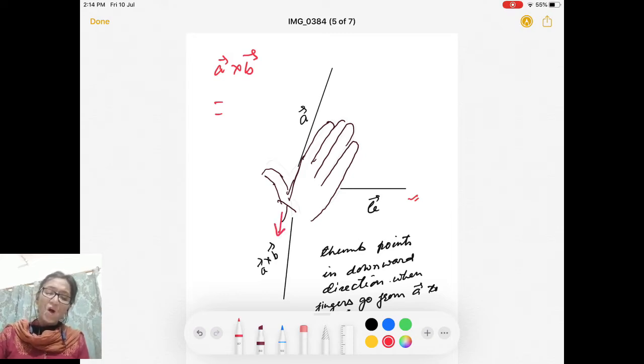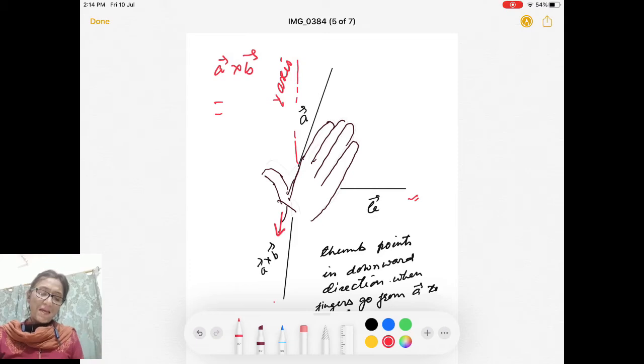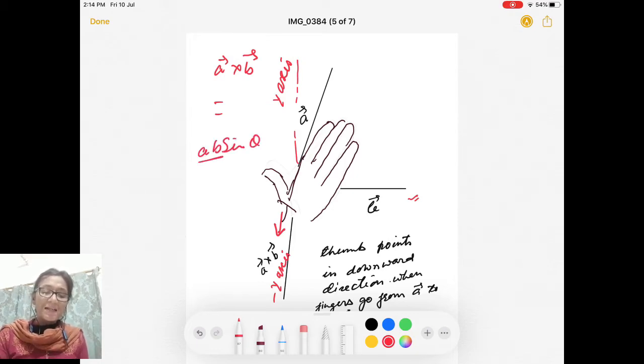When you rotate your fingers from A to B, the thumb remains in the downward direction. So A cross B has a direction just opposite to the y-axis, along the minus y-axis, which is minus j cap. So here you write the magnitude AB sine theta, associated with the direction minus j cap.